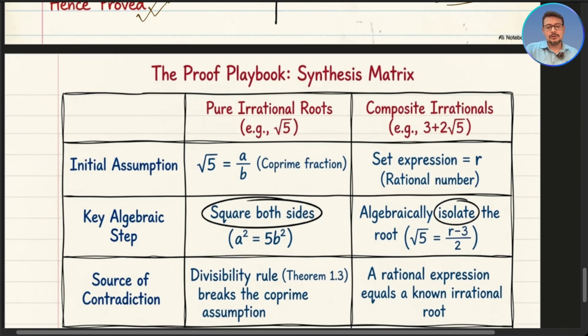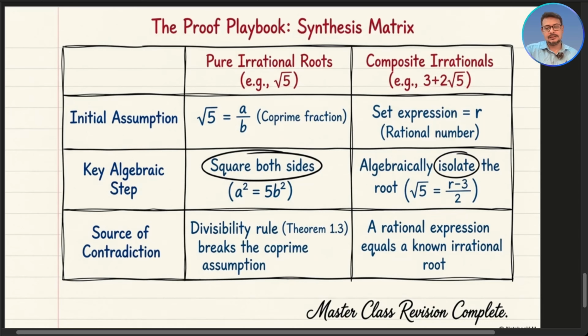Now let's summarize this particular exercise. We call it the proof playbook synthesis matrix. We may call it initial assumption when pure irrational roots are given, and when composite irrationals are given. When pure irrational roots are given, like root 5, we simply assume that root 5 is rational, hence can be expressed in the form of a by b, and the co-prime fraction condition has to be met.